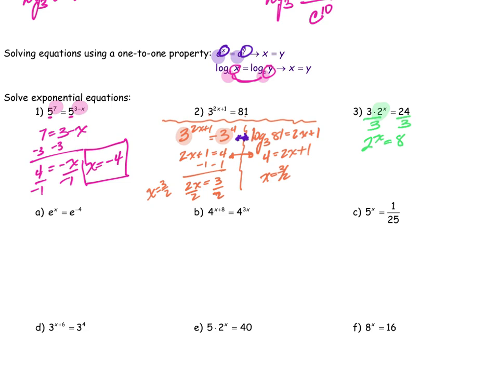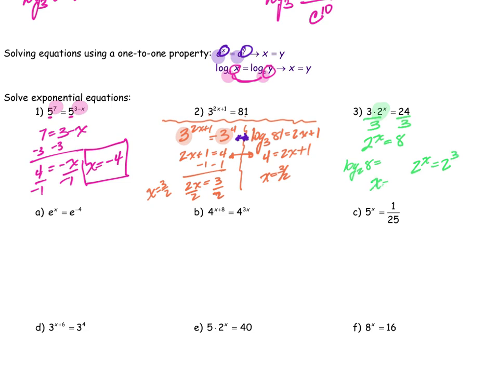And this one you could probably just think about 2 to what power equals 8, right? But I can either rewrite it as a log and say log base 2 of 8 equals what? Which I'm still asking myself the same question, 2 to what power equals 8. Or I can try and rewrite 8 as base 2, which would be 2 to the x power equals 2 to the third power.